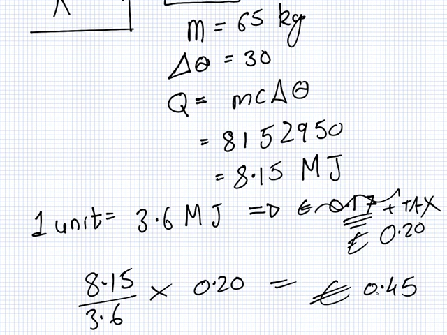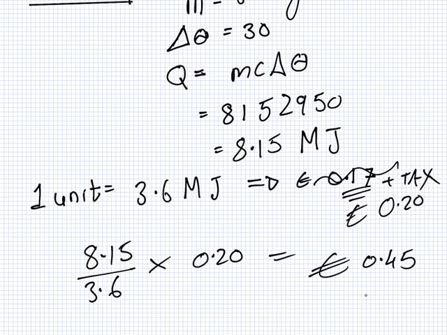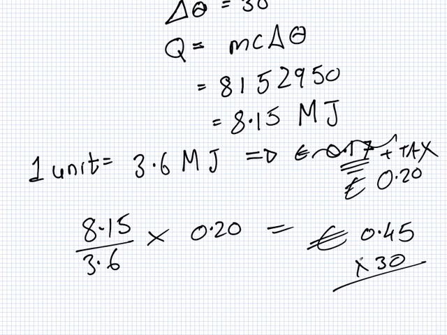Now, multiply that by 30. What do you get? 13.58. So that means when you get your electricity bill once a month, 13 euros of that will be from just using the shower.